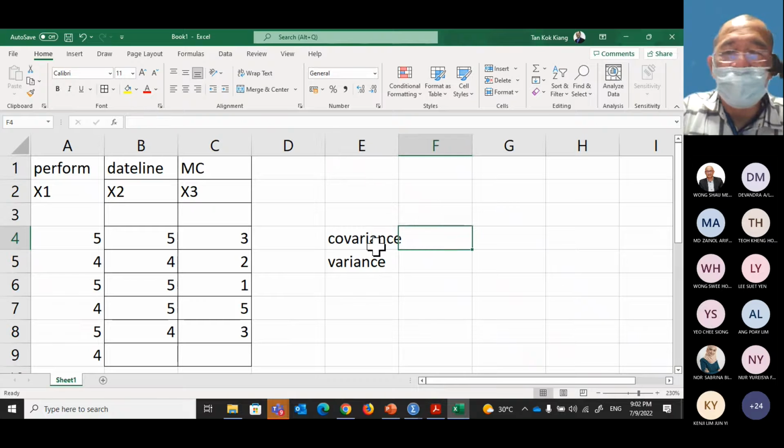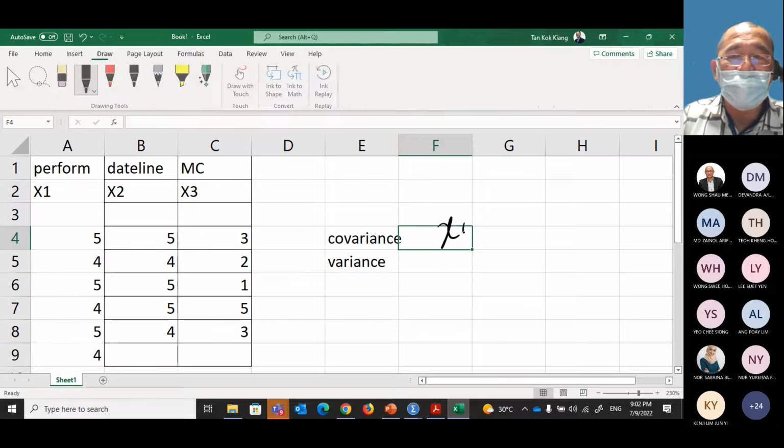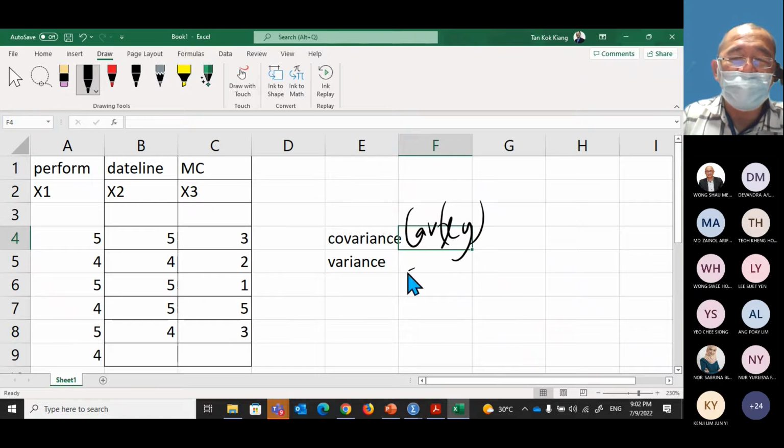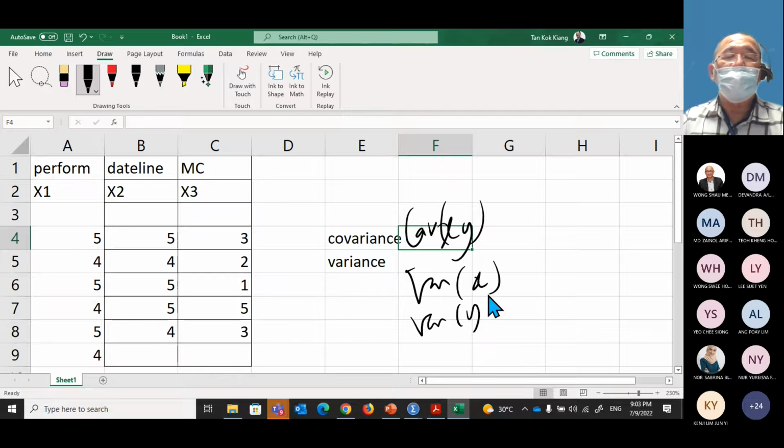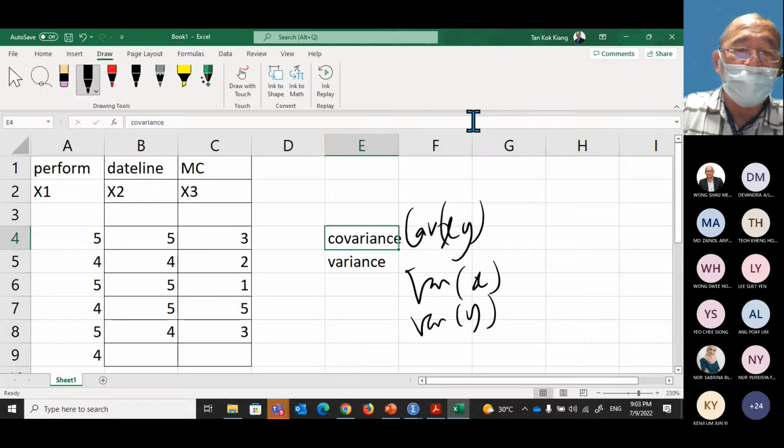The formula is quite similar, but covariance is for two variables, for x and y, but variance must be variance for x or variance for y. If you think this way, you may understand better, because they are quite similar between variance, covariance, and also correlation.